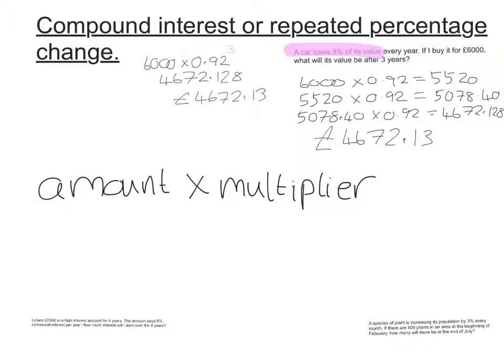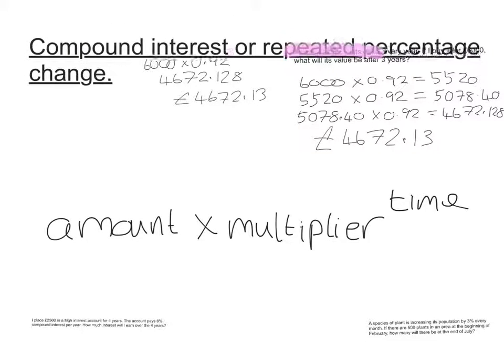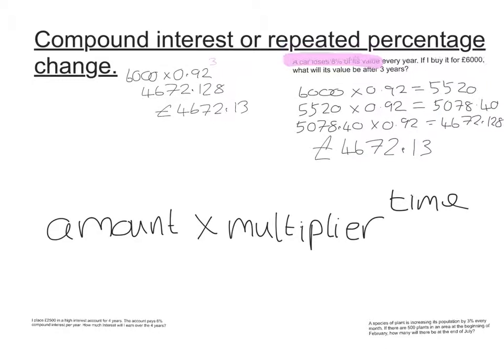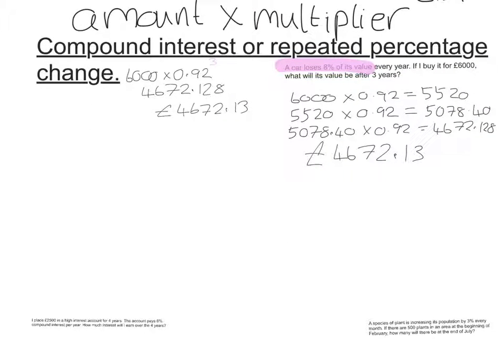That's the percentage basically as a decimal. So if it's an increase, it would be 1 point something. If it's a decrease, it would be 0 point something. And that's to the power of the period of time. That is your formula. That is a very important and useful formula. And I would definitely recommend that would be the method that you would use, because that will be quite useful to you.